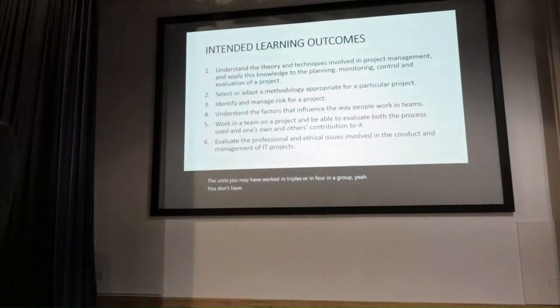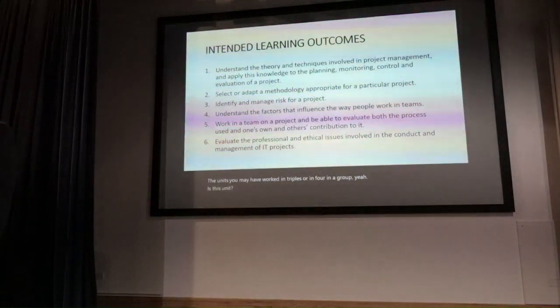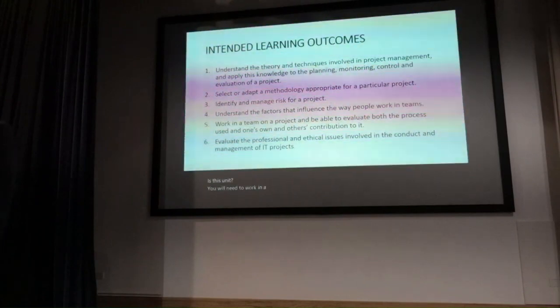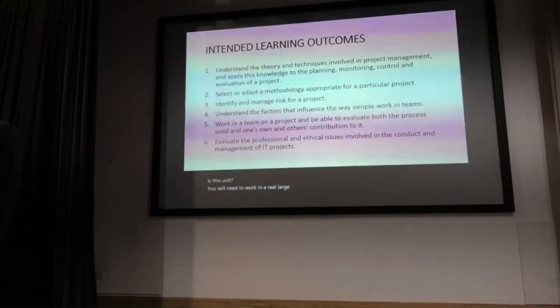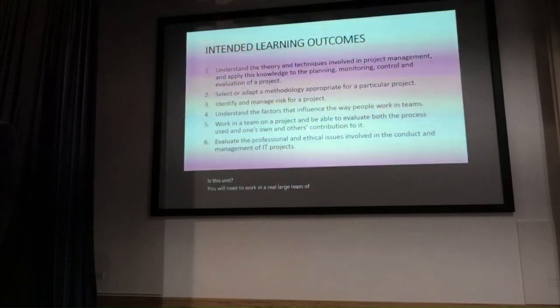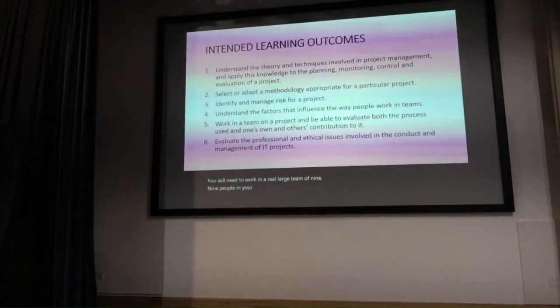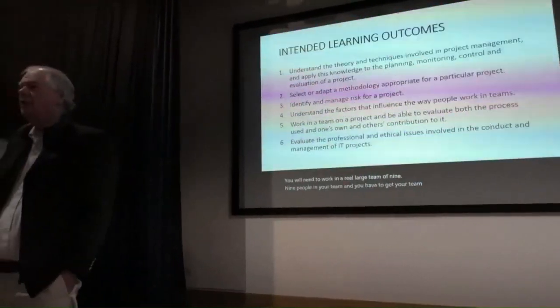In this unit, you will need to work in a really large team of 9. 9 people in your team. And you have to get your team together by the 13th of February.